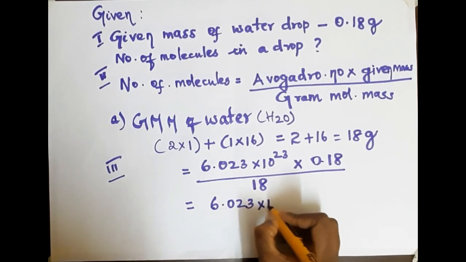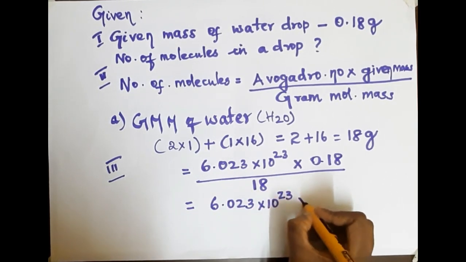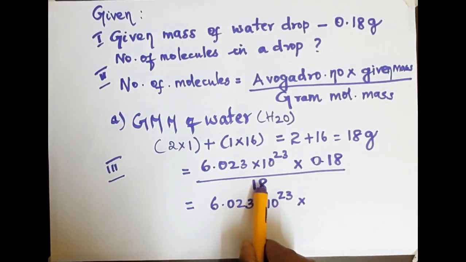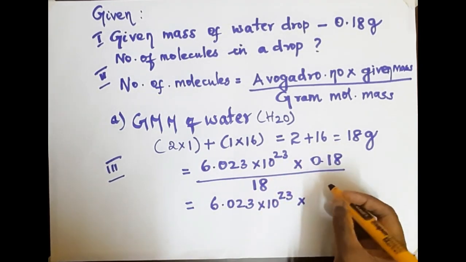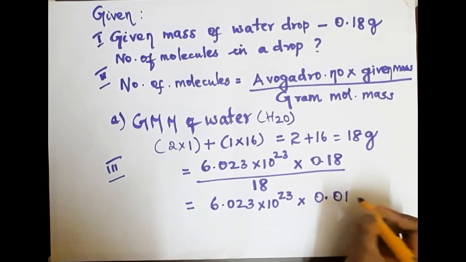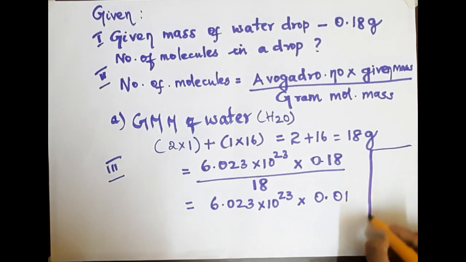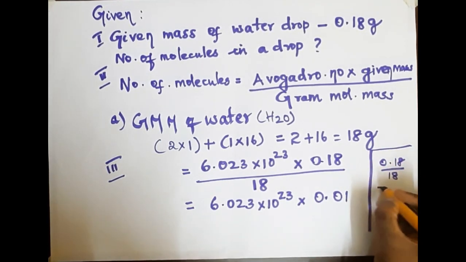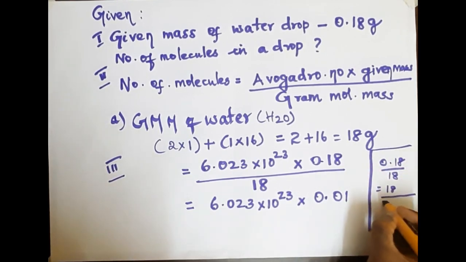So this can also be written as 6.023 into 10 power 23 into, see here, there are 2 decimals here, the same digit, children, 18, 18. Into 0.01. I'll show you, see the rough work. Actually, 0.18 divided by 18. How can it be written, children? 18 divided by 2 decimals, that is 18 over 100 into 18. Now, this gets cancelled. So, we get the answer as 0.01.